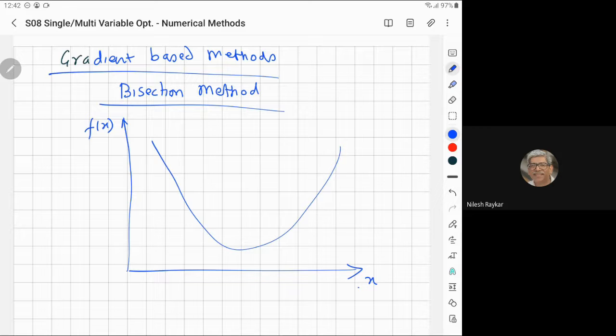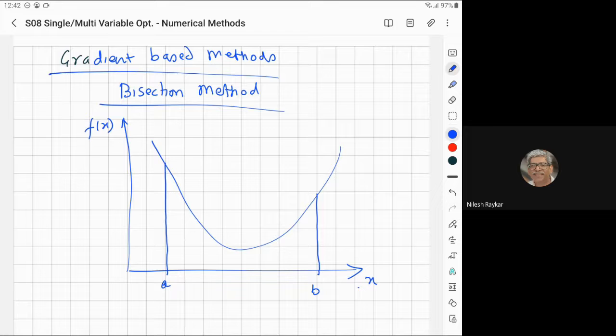In this method, again, first we will be setting out a bracket within which we assume that the minima lies. We have the two points, which are A and B. So we know that within these two limits, the minima is lying.